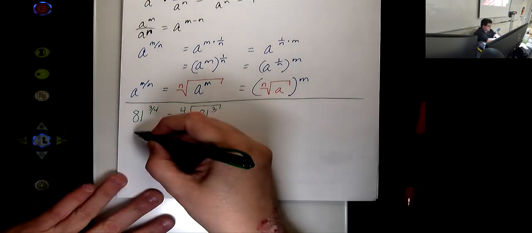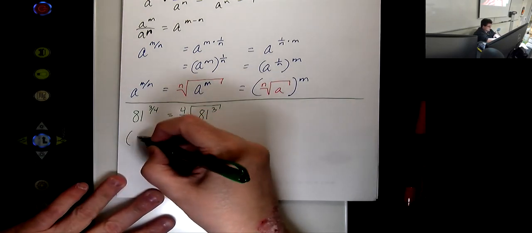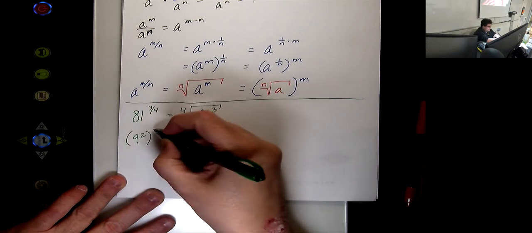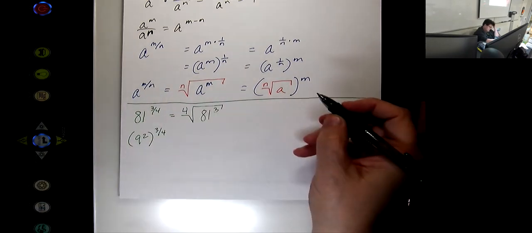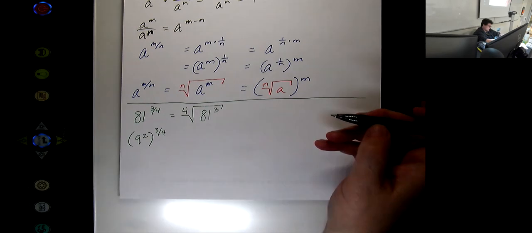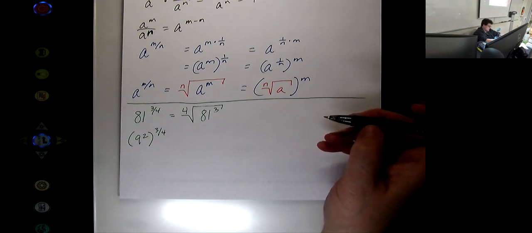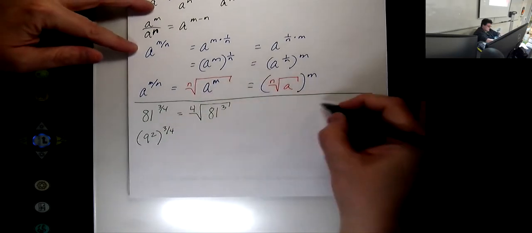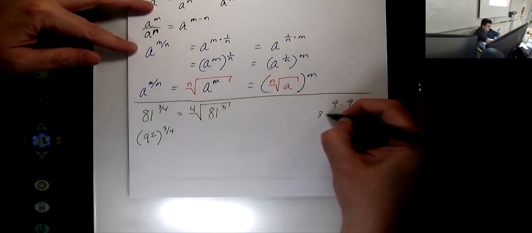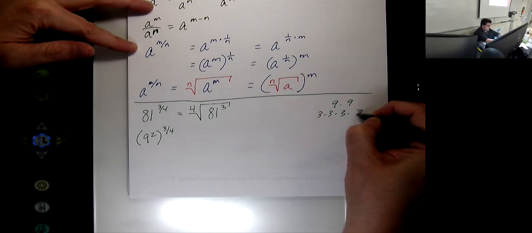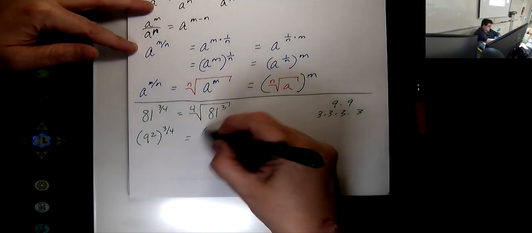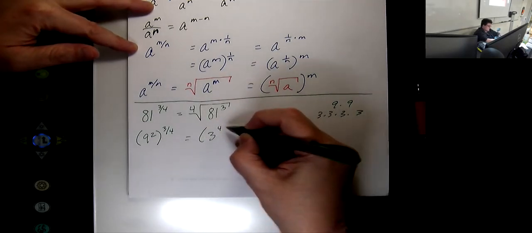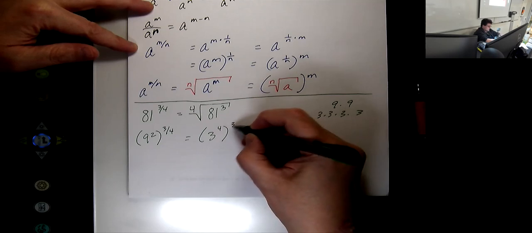Another way of looking at this is 81 is 9 squared, and I can put the 3/4 on the outside. And I can factor that even more. 9 times 9 becomes 3 times 3 times 3 times 3. So I could really write that as 3 to the 4th power inside there times 3 to the 4th out here.